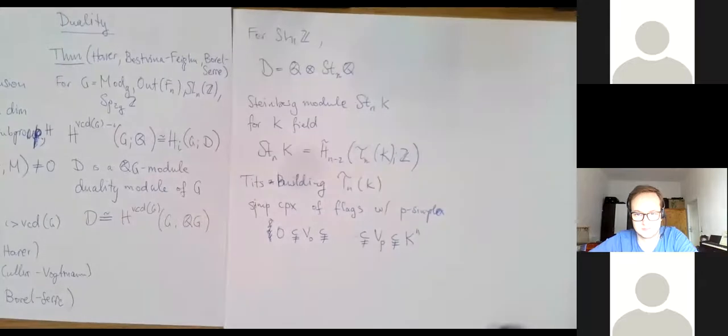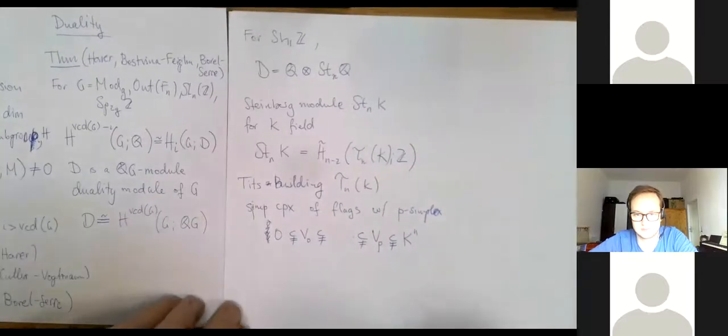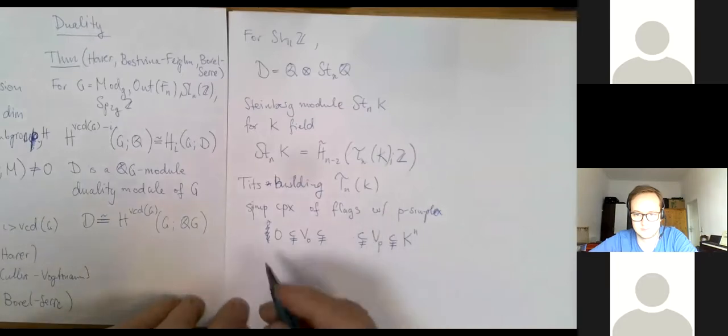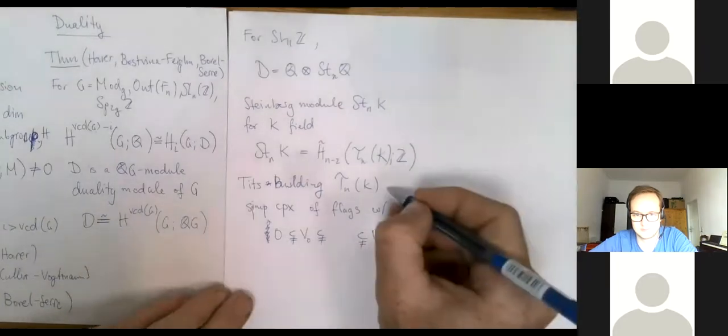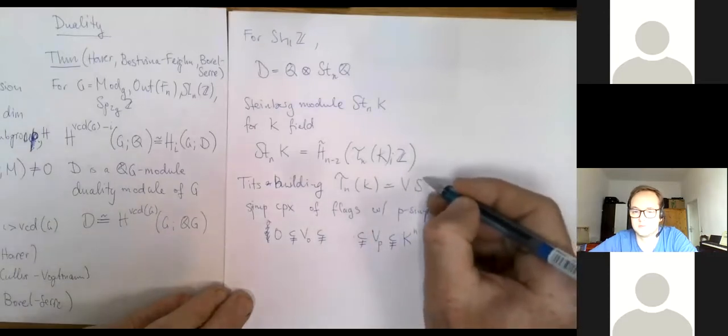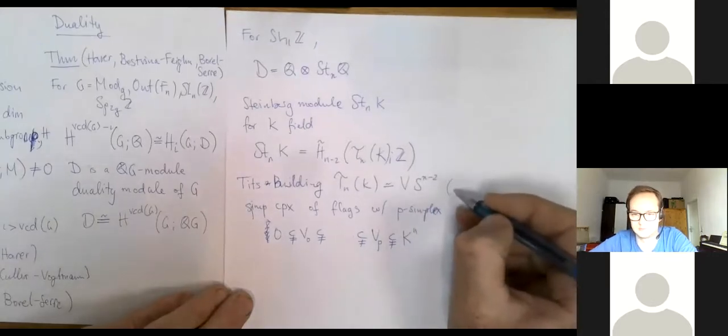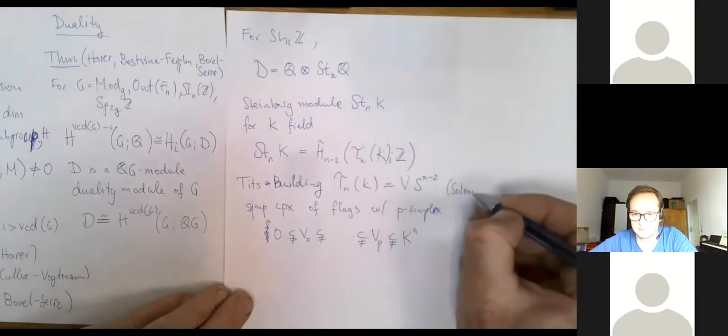And this gives you a simplicial complex. And this simplicial complex is actually homotopy equivalent to a wedge of (n-2)-spheres due to Solomon-Tits.